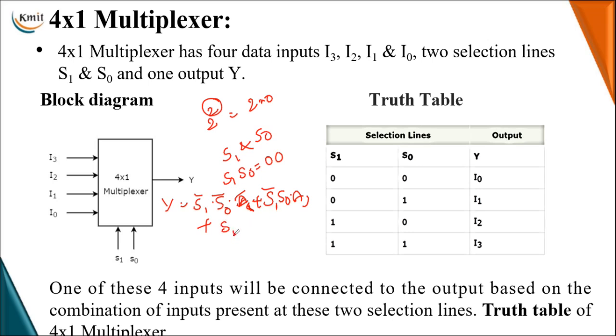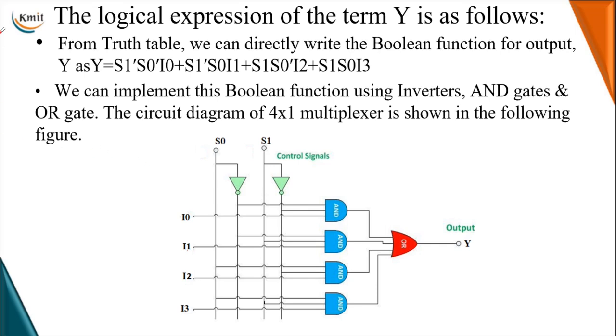The third input is transferred if S1 is 1 and S0 is 0, into I2, plus the last input, I3, is transferred if S1 and S0 are both equal to 1. Like this, one of the inputs is transferred to the single output terminal of the 4:1 multiplexer.